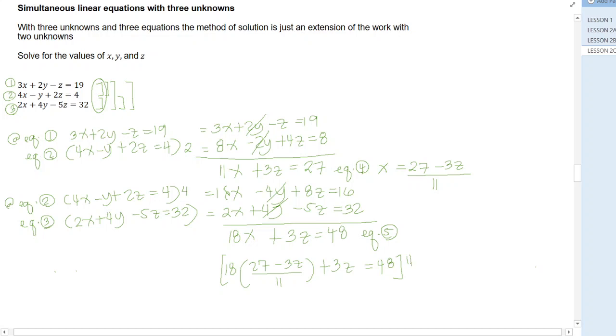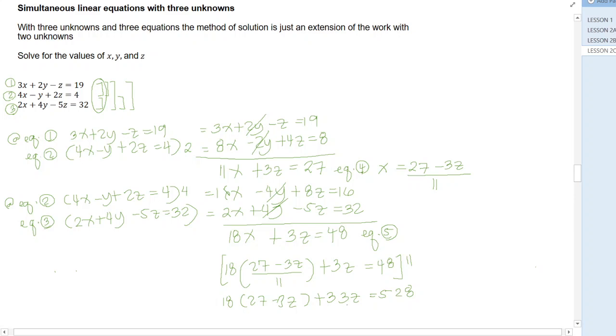To be able to get the value of z, we multiply this by 11 so that we eliminate the denominator. That gives us 18 multiplied by 27 minus 3z, plus 33z, of course 11 times 3z, is equal to 48 times 11, that is 528.